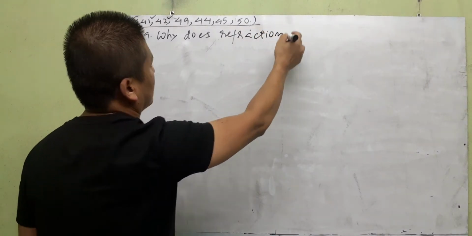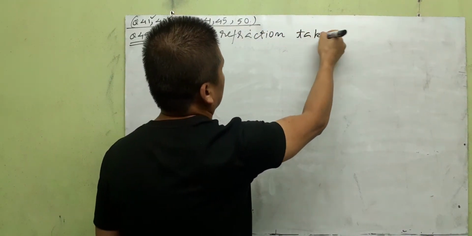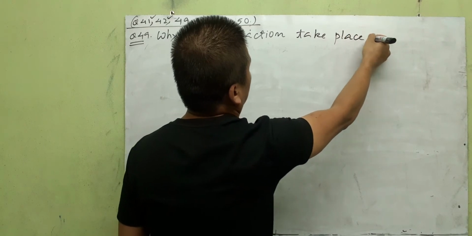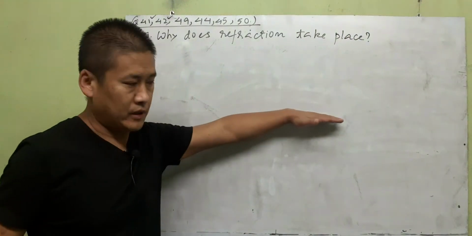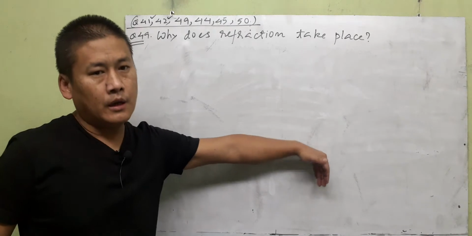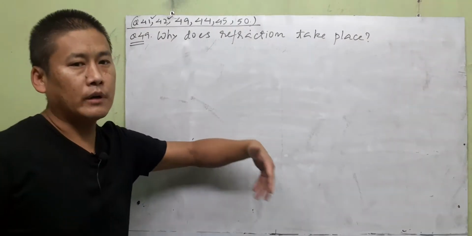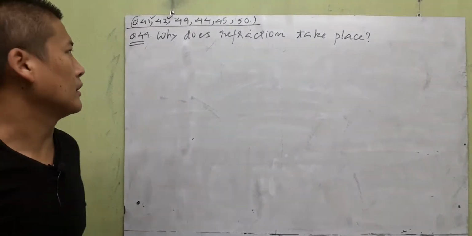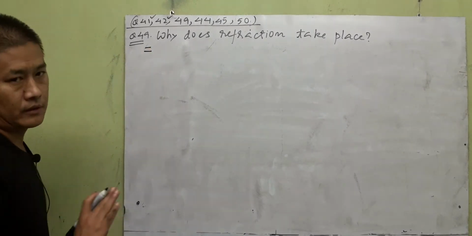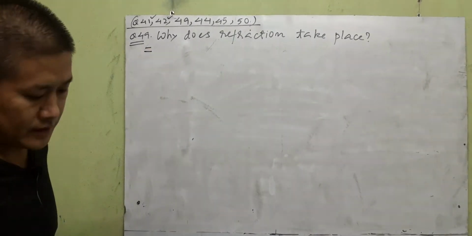Just now we learned that when a ray passes from one optical medium like air into water, it gets bent, meaning refracted. Why does it bend? This question is asking. Let's write the answer first, and the explanation is quite simple.